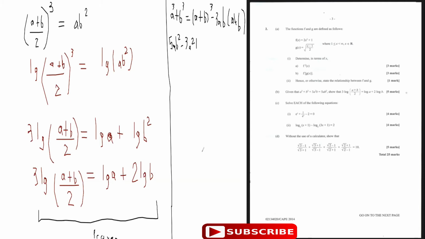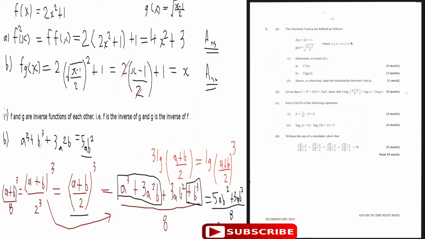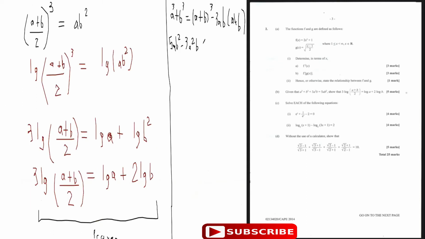You're wondering, how did I get that? All I did was make a cube plus b cube the subject from what is given. So bring over this. All right, so I would have gotten that, and that's equal to a plus b all cubed.